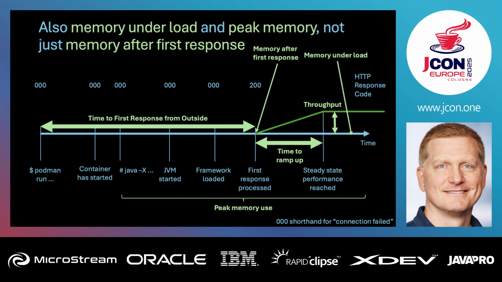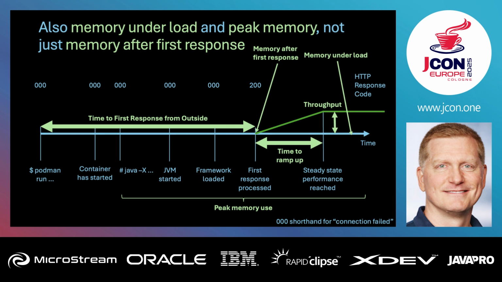But it's not a very useful number, because it's typically very different than the number that you would measure at this point, where you're actually hitting steady state performance. Because at this point, you haven't actually done very much, so you haven't loaded very many objects because you haven't handled very many transactions. If you're actually at steady state and you're handling 100 or 1,000 or more times the transactions per second, you need a lot more objects, you need a lot more memory, and therefore you need to know what the memory needs are going to be at this point.